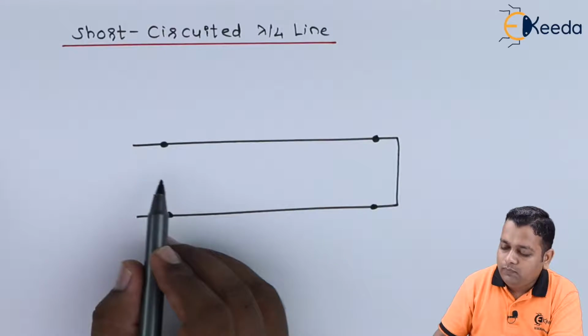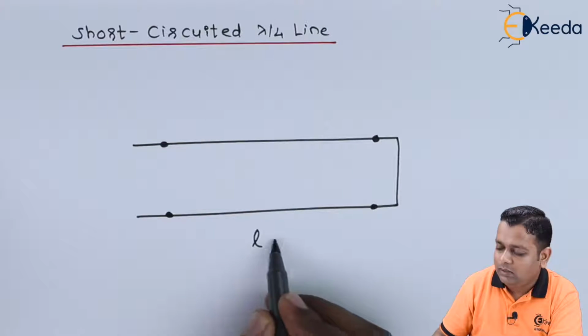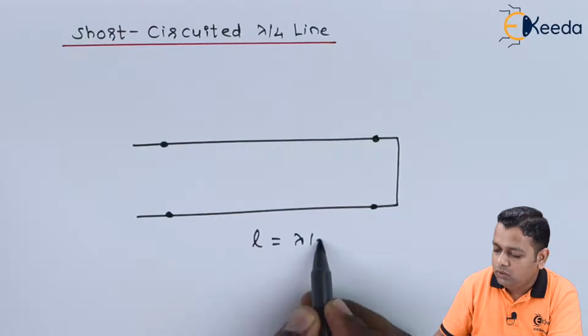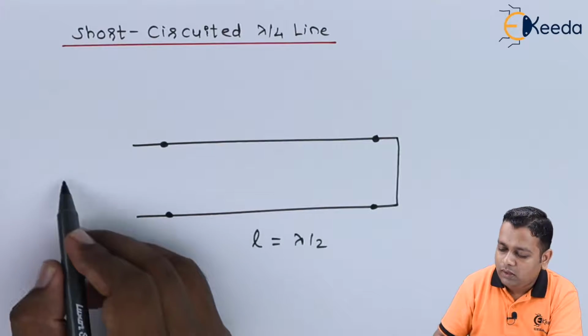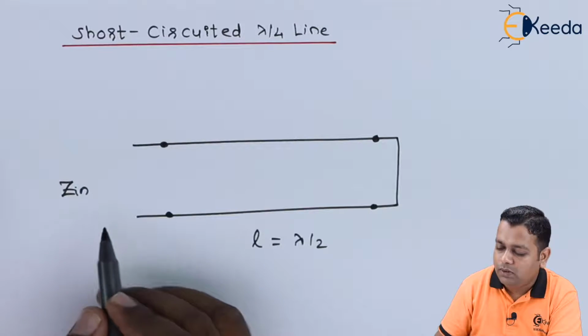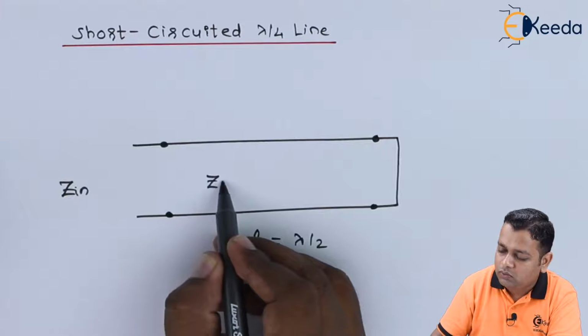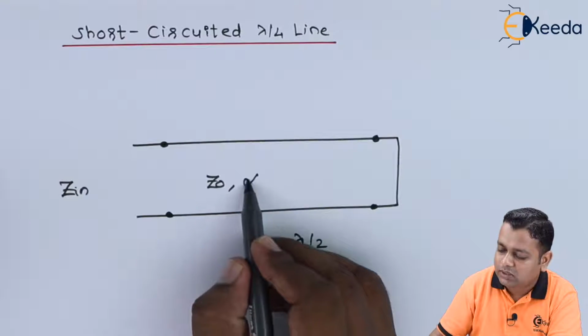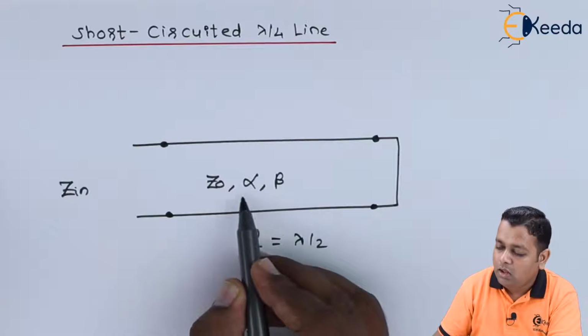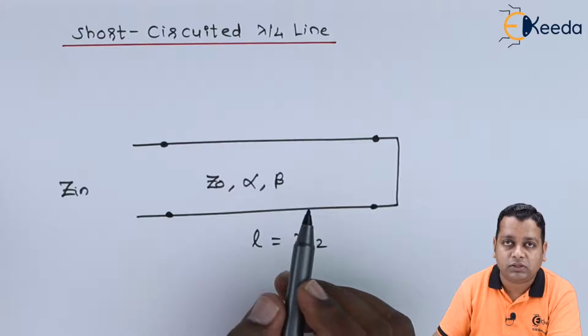Now if we have the line length L equal to lambda by 2 as in the previous case, we compute the input impedance Zin corresponding to the characteristic impedance, the attenuation constant and the phase shift constant, both accounting for the propagation constant.